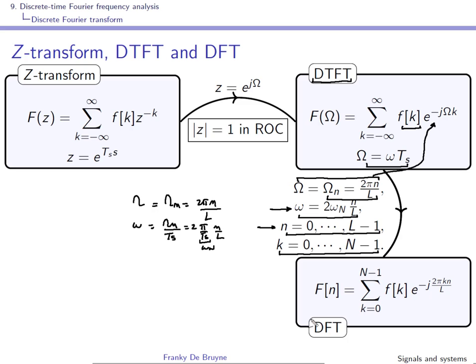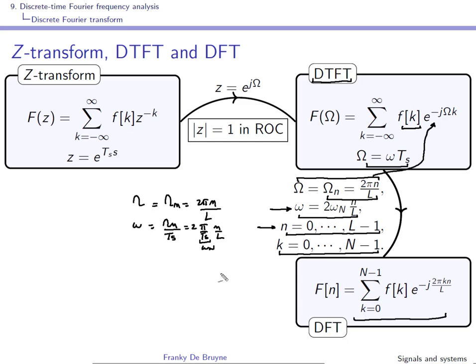So we talk simply about the discrete Fourier transform. It's discrete in time and in frequency. So you can very simply obtain it from the discrete time Fourier transform, which you can very simply obtain from the Fourier transform.